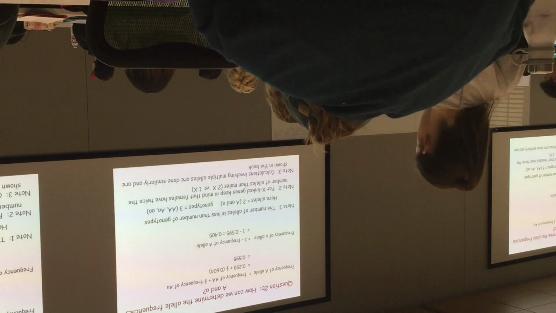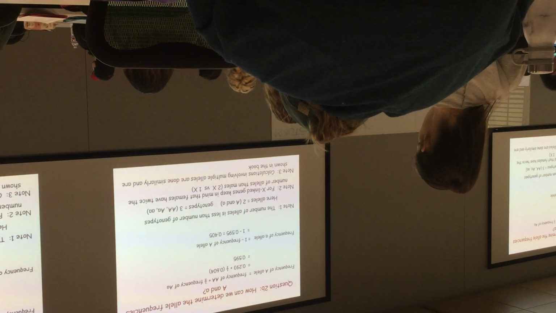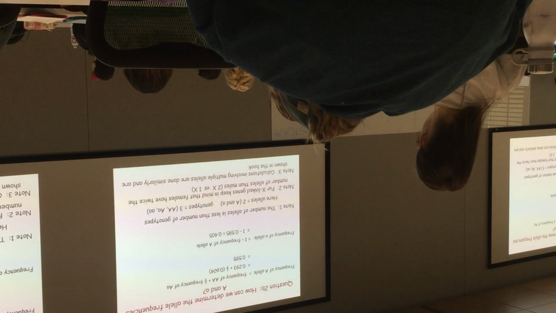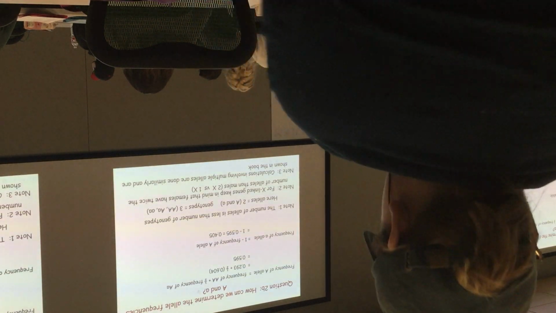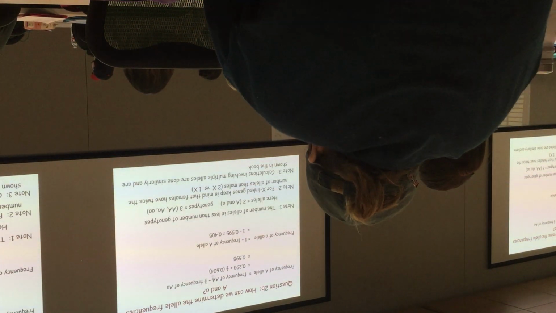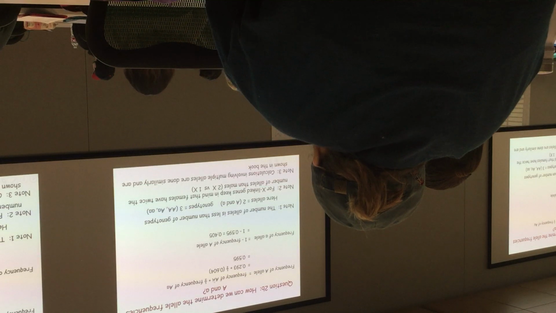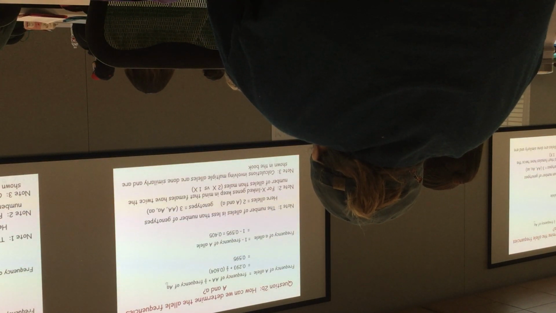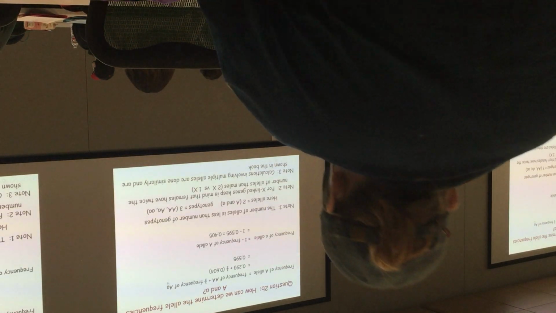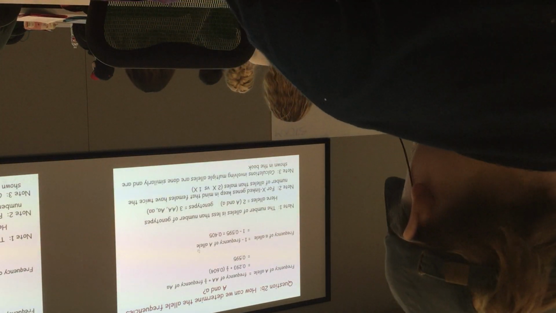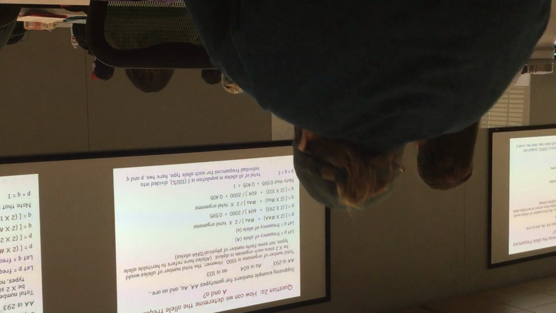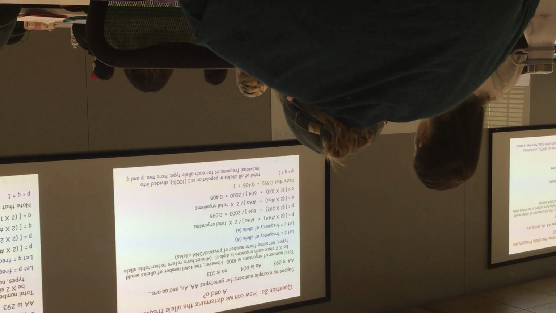Another approach is to do it a little bit differently. We're going to take the frequency of individuals of big A genotype plus half the frequency of individuals of big A, small a. That may seem complicated or a little non-intuitive, but really what we're saying is we take this frequency plus half of these guys.